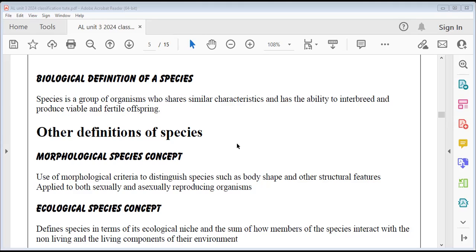Allow them to interbreed. When they interbreed, they will be making cubs, correct? Yes, sir. You have to grow those cubs.